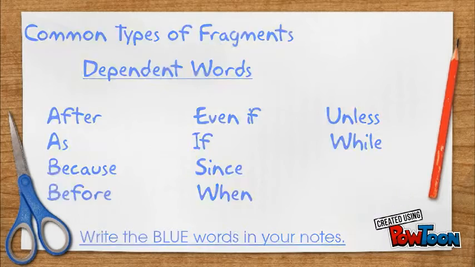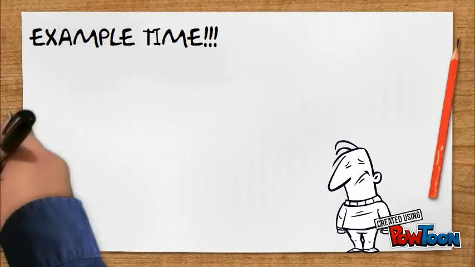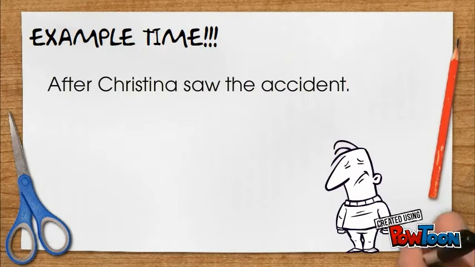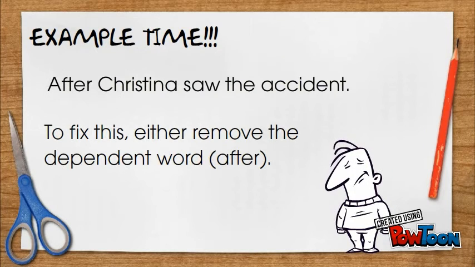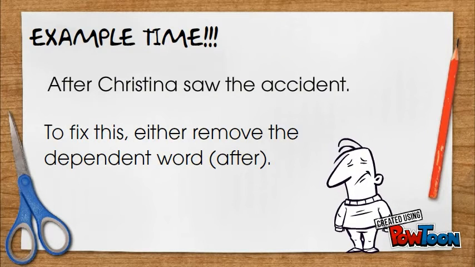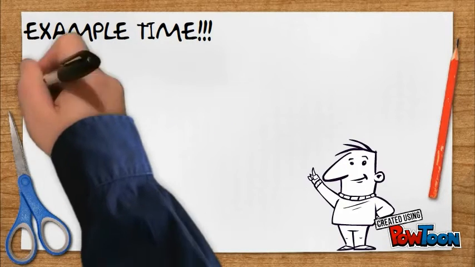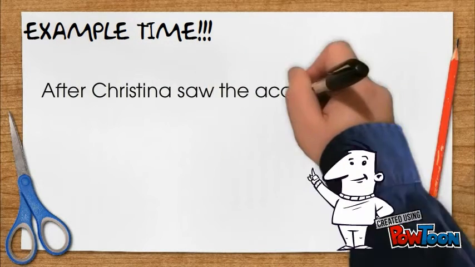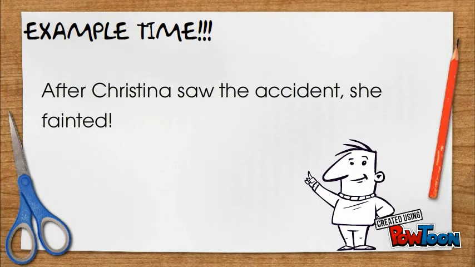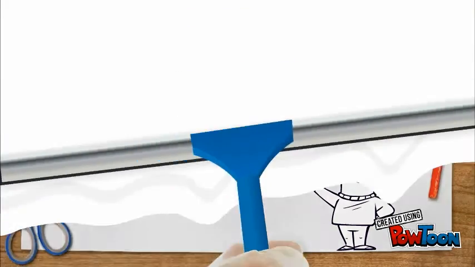Here's an example of a dependent clause. After Christina saw the accident. We fix this by either removing the dependent word, like this. Christina saw the accident. Or by completing the thought like this. After Christina saw the accident, she fainted.